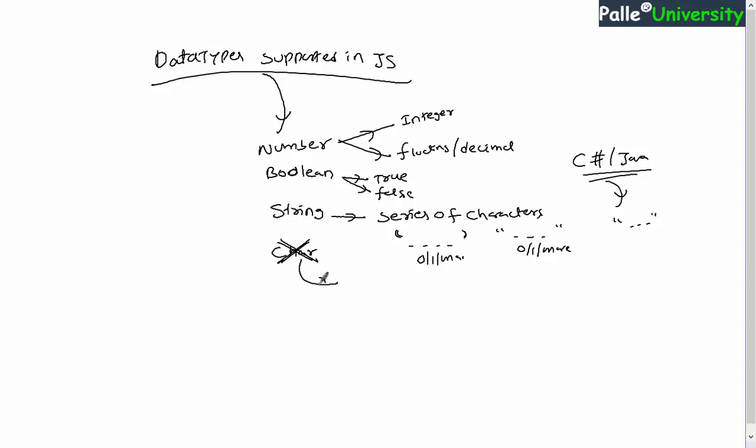Usually, if you are coming from a C# or Java background, you will know that by using the char data type, we can store only 1 character by using single quotation. But JavaScript allows us to store either 0 or 1 or more characters by using either single or double quotations, and hence the character data type is not supported.